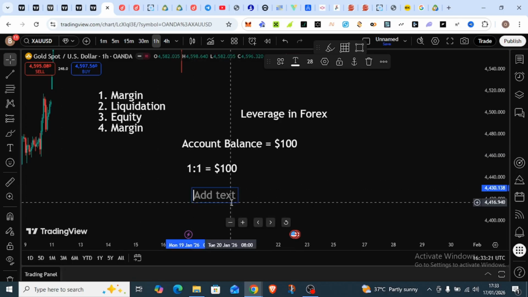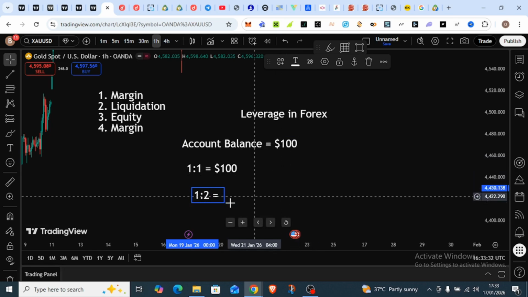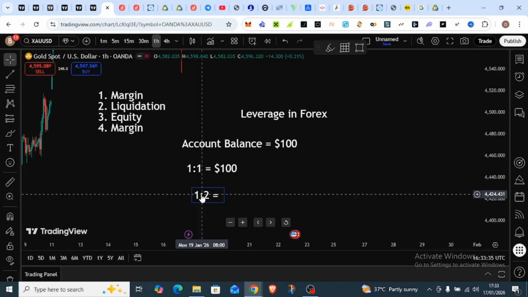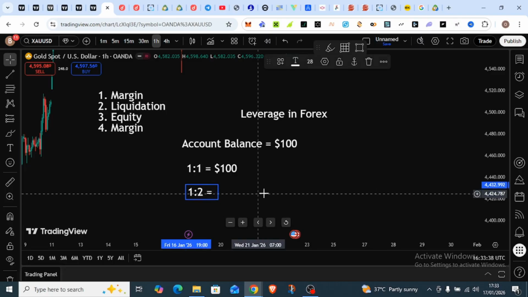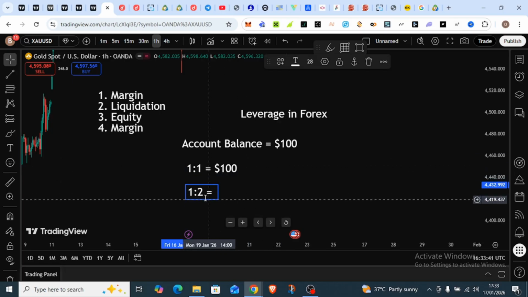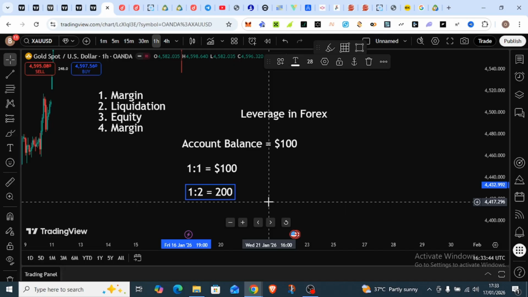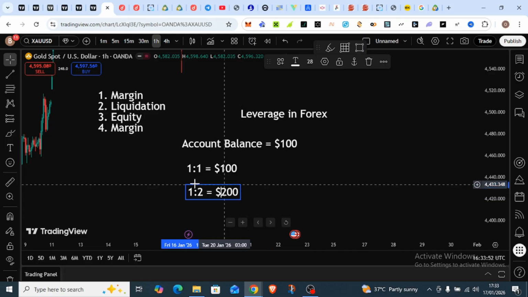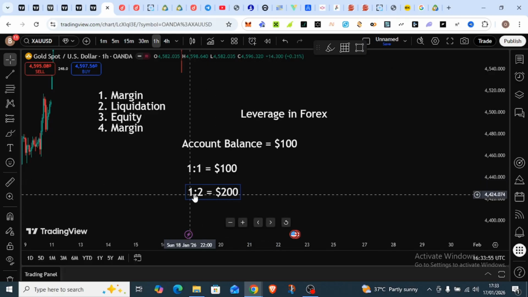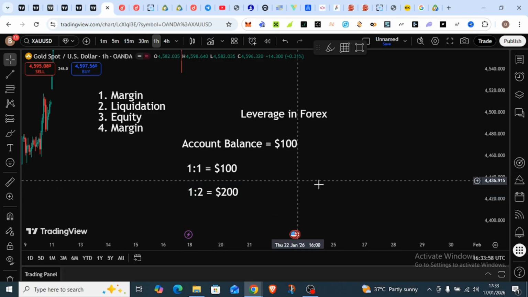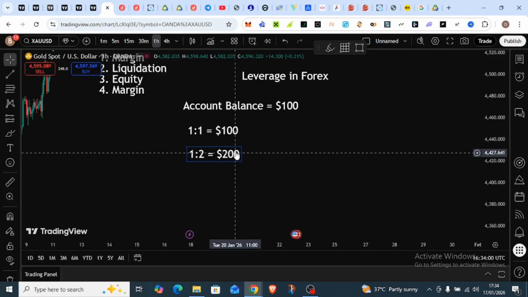We have leverage of 1:2. Let's write it, 1:2. And you have account balance of $100. Your buying power will now become the $100 you have multiplied by 2, which will give you $200 because of leverage. We are using leverage of 2, 1:2. So you multiply your account's balance by these 2 here to get $200.